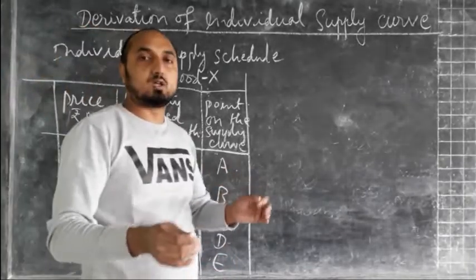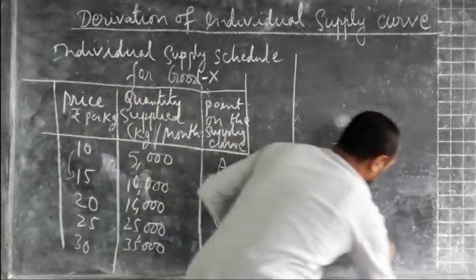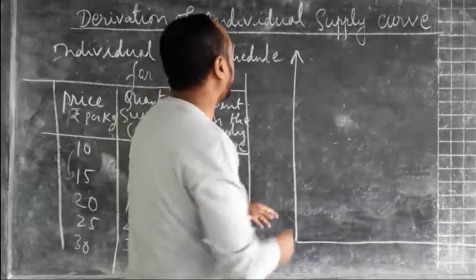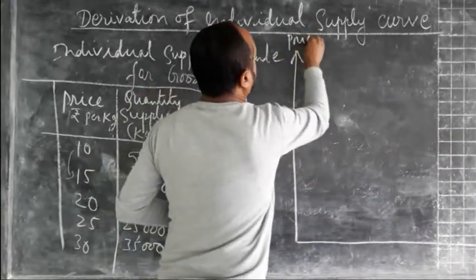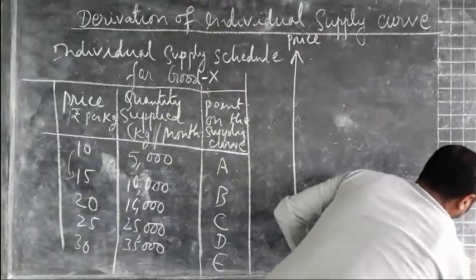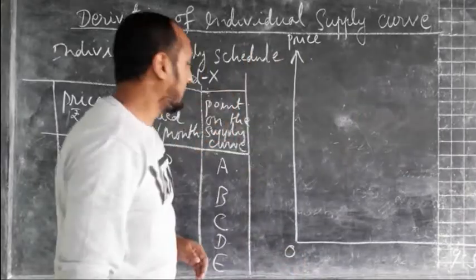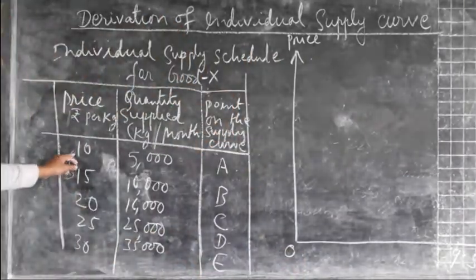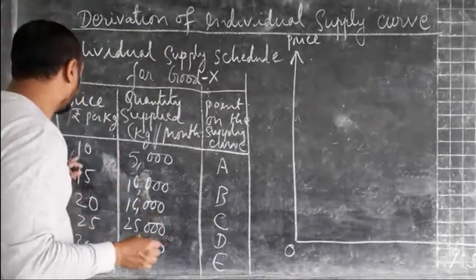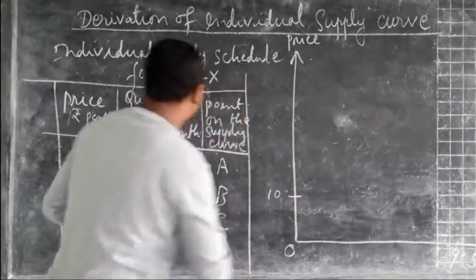Now I am going to take two axes, X axis and Y axis. This is your price axis, and this X axis is your quantity supplied. This is our origin. Whatever the price and the quantity supplied given in our schedule, we have to plot the same. So initial price of, say, 10 rupees.